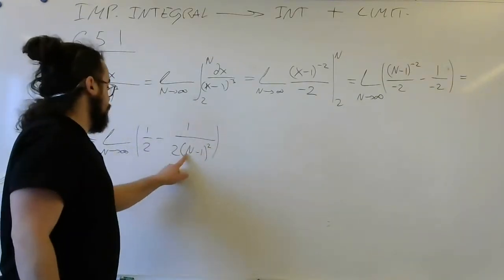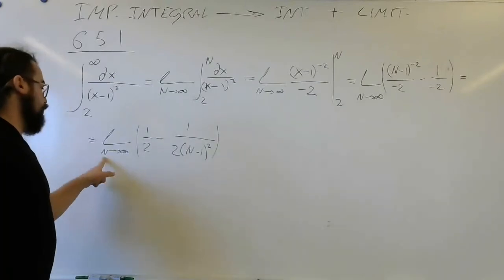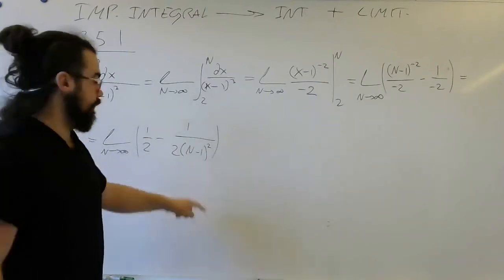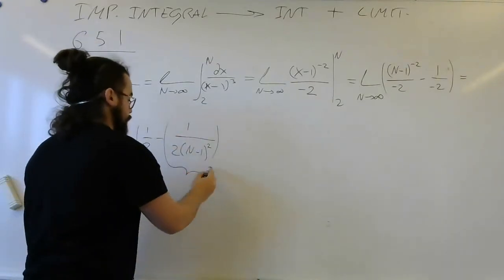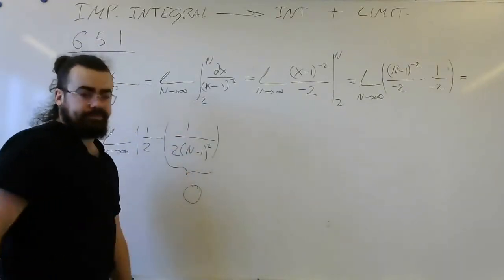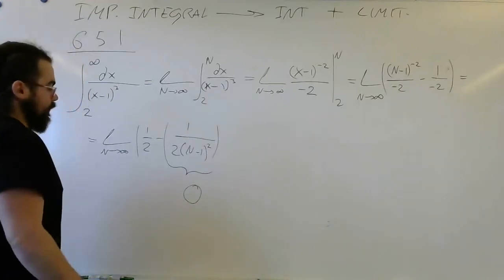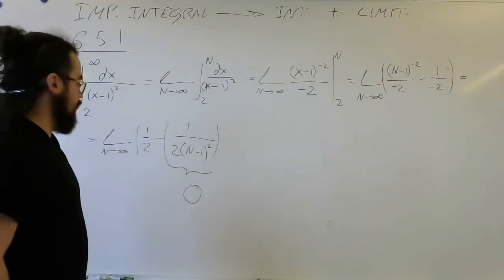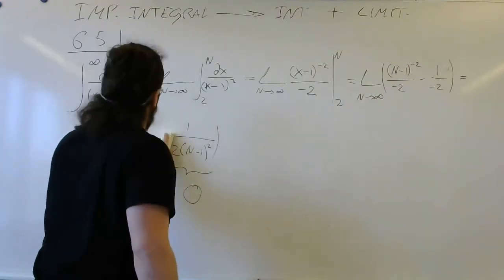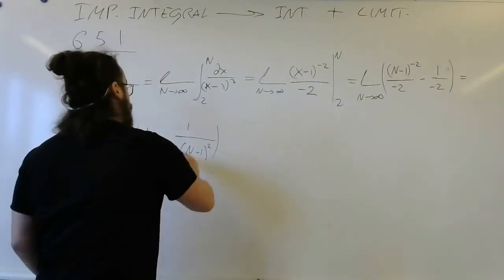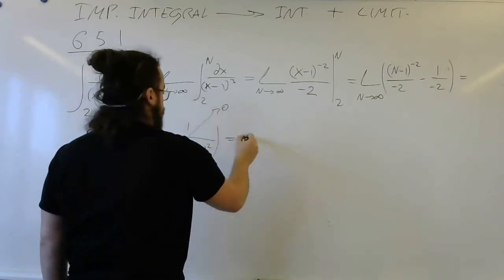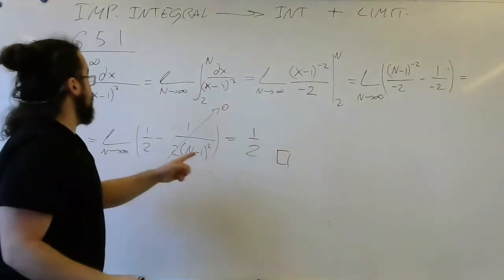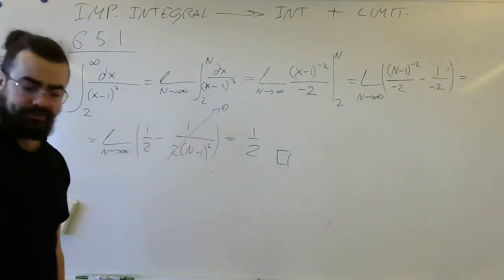Right? Now, the limit when n tends to infinity of this quotient here is zero. When n tends to infinity, this denominator becomes infinitely large, so this whole thing cancels to 0. And so this limit is no other than 1/2, and that's the value of the integral.